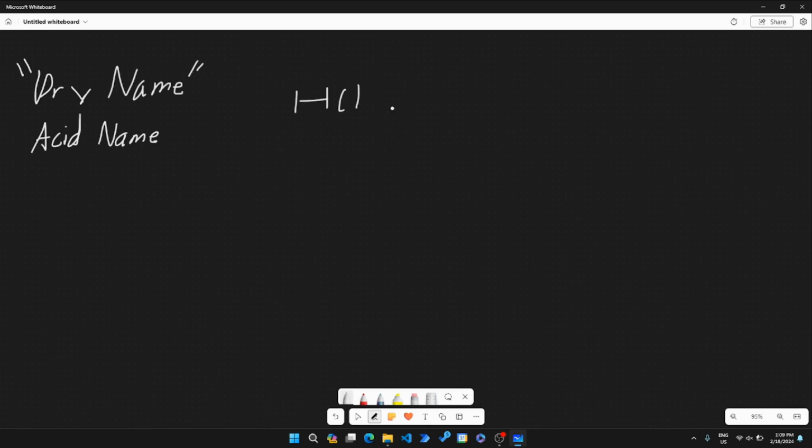What happens is you change the hydrogen to a hydro, and the chloride changes its ending to an ic, so it becomes chloric. So hydrochloric acid.